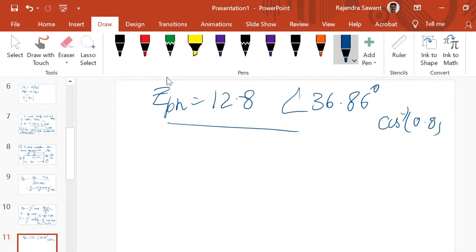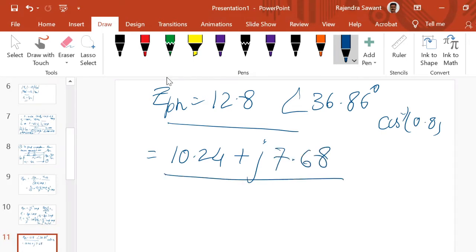We can convert it into rectangular form and we shall get R as 10.24. So this can be written as 10.24 plus j7.68 ohms.